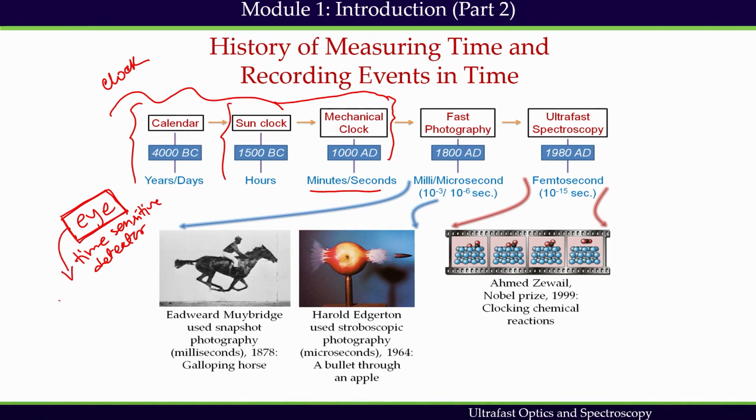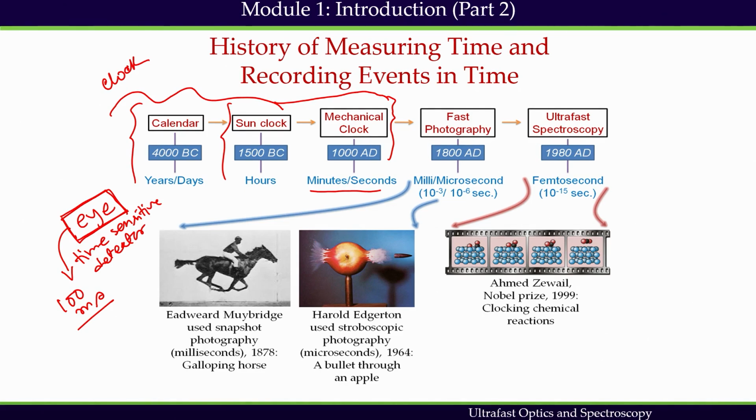Response time of the eye is 100 millisecond. So, any event which is slower than 100 millisecond can be captured with the help of our eye. Recording any event faster than the response time of our eye was beyond our scope at that time.